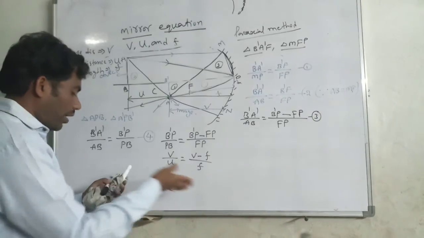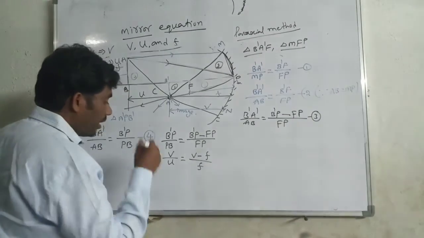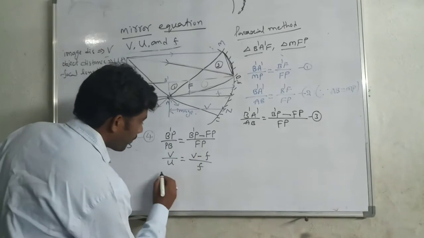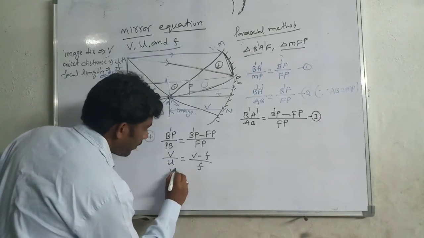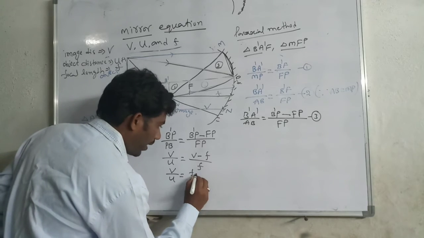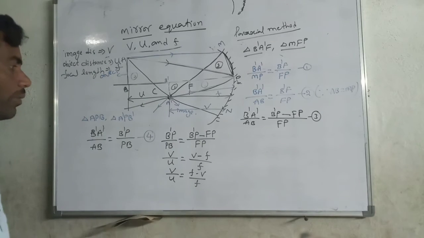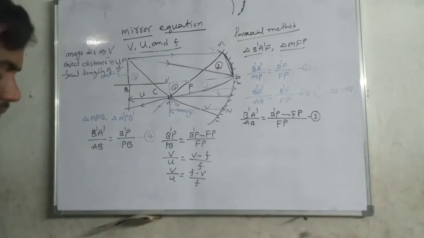So applying the sign convention, this becomes V minus U equals F minus V by F.